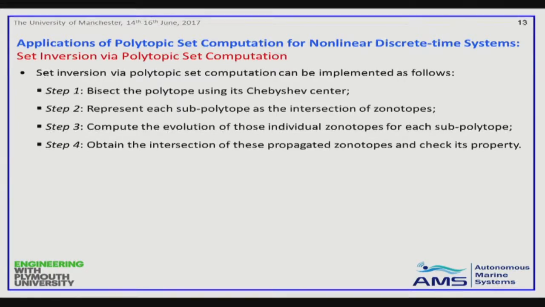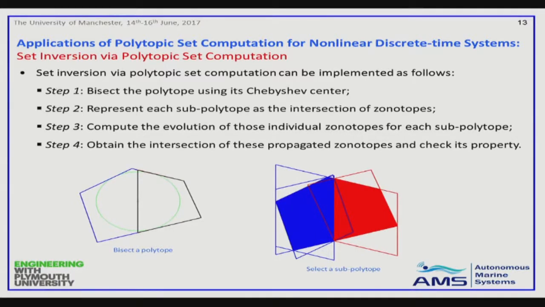That is, first you bisect, and then you represent this left polytope by the intersection of these three zonotopes, and then represent this right polytope as the intersection of two zonotopes. After that, you can calculate the dynamic evolution of this left polytope and of this right polytope.